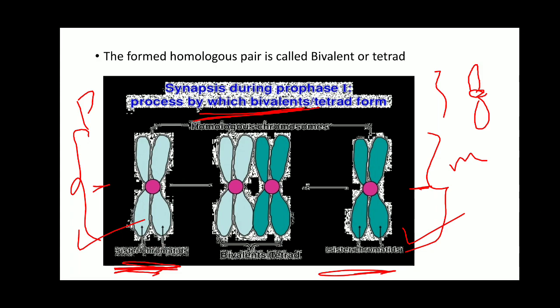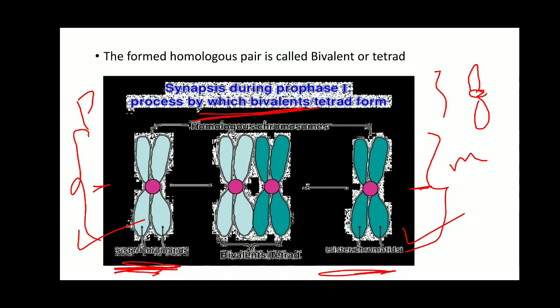Clear? So these are the things that take place in the Zygotene stage. What all will take place? Condensation is almost completed, and the chromatin fibers duplicated in the S phase condense to form the sister chromatids.